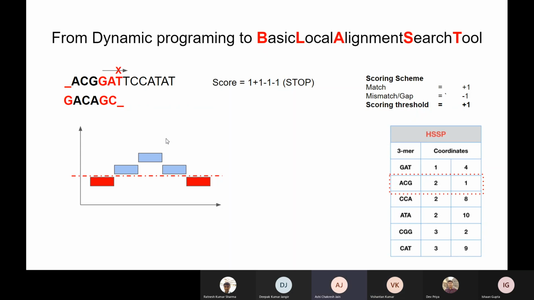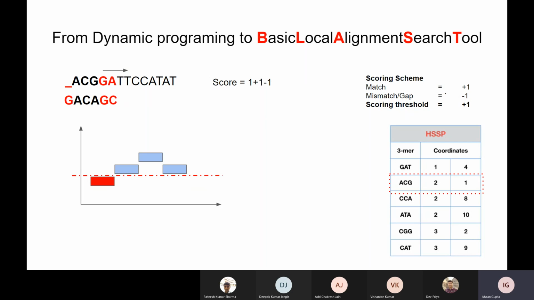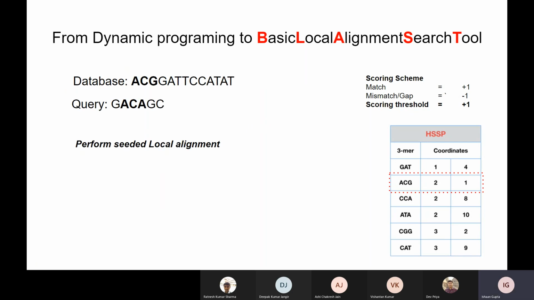Yes, sir. Could you just go over this part once more? So we start, let us say this was the table that we had, right? Where we have the HSSP pair. So we know that this particular k-mer is found at one location in the query.